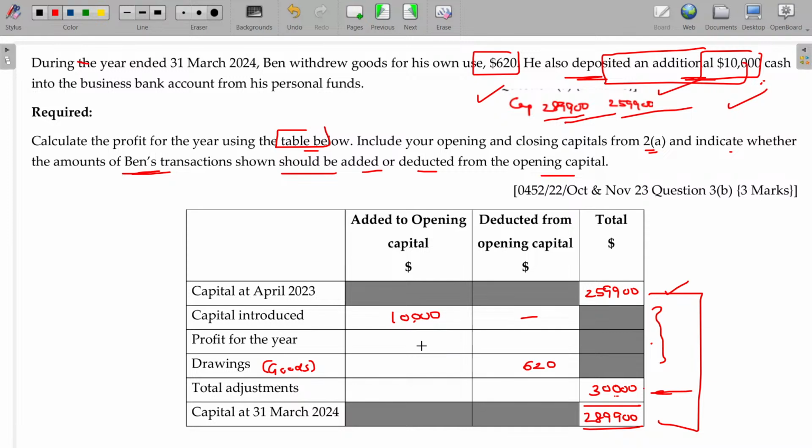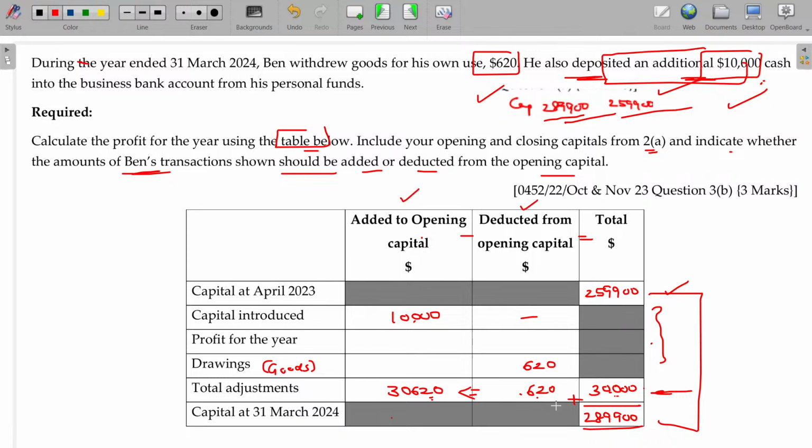Then this side, the value being 620, added and deducted, this will be the ultimate value. In a reverse calculation, I have to add these two to get this value: 30,620. We need to have 30,620 rupees added with the opening capital.